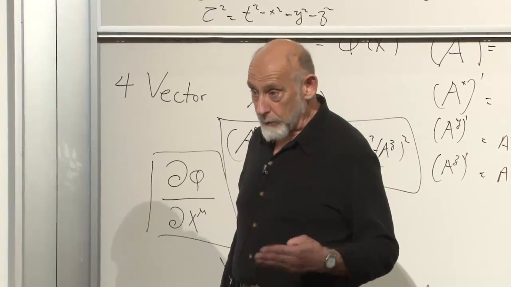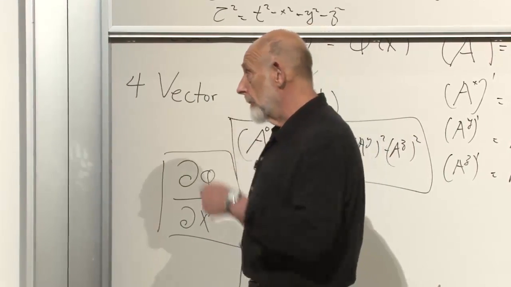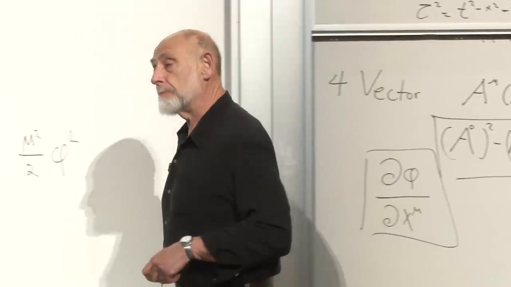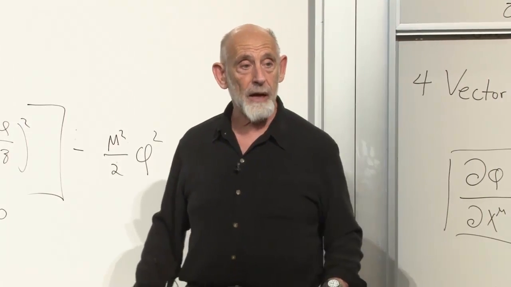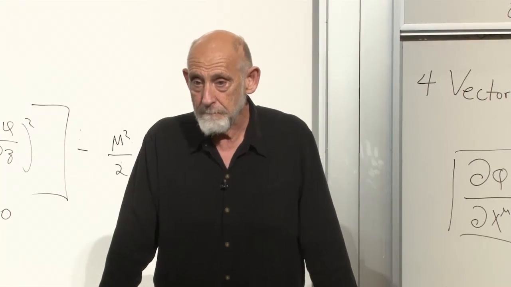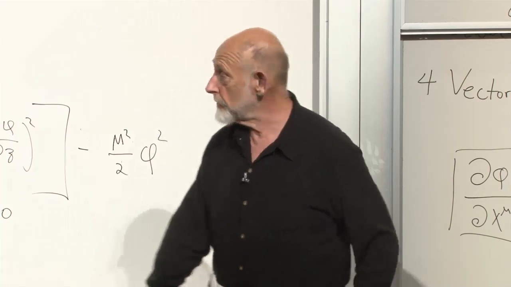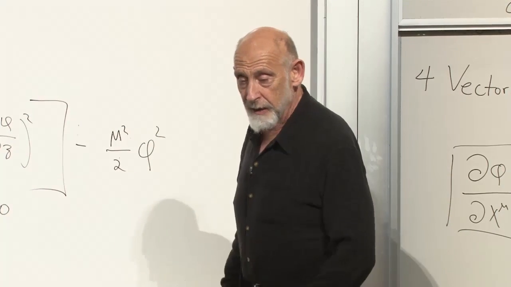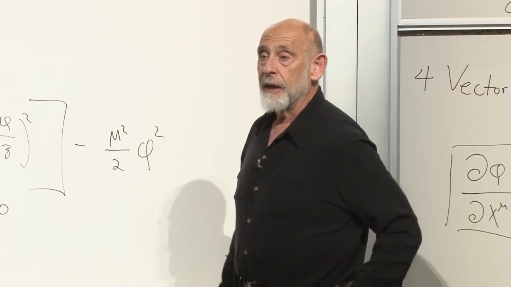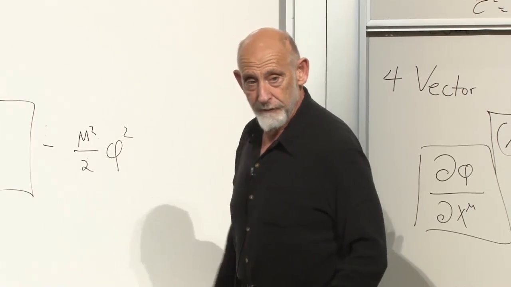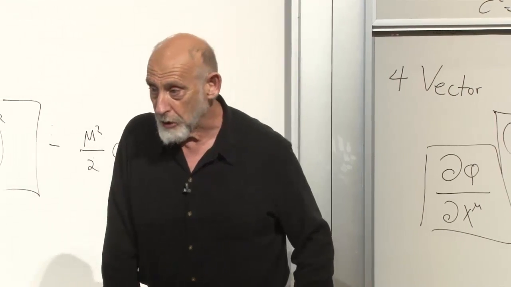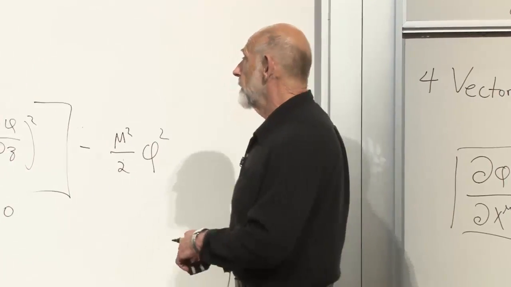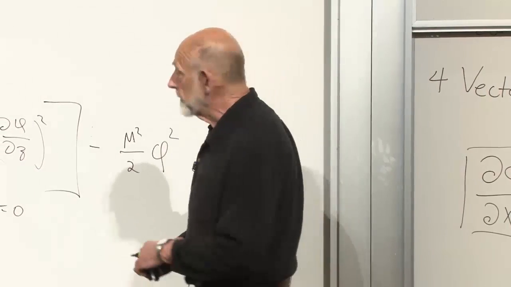We haven't done that yet. We'll come back to that. But let's talk about how a particle might interact with a scalar field, with this scalar field phi. How might it interact with it, and how might the presence of the scalar field affect the motion of the particle? Okay. For that, we need a Lagrangian.